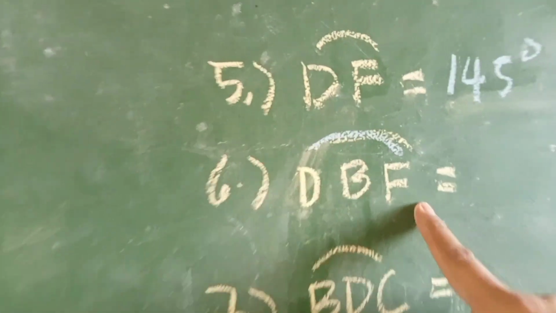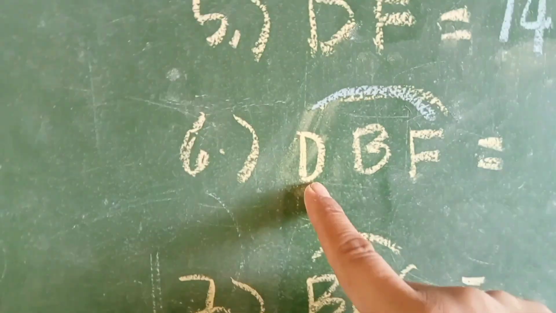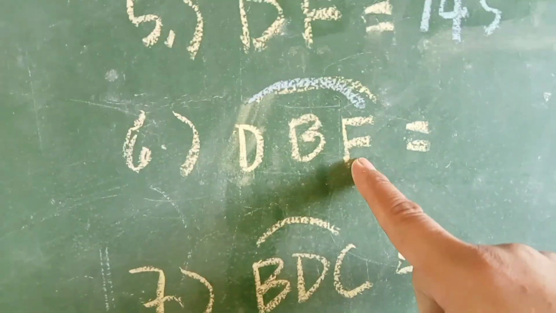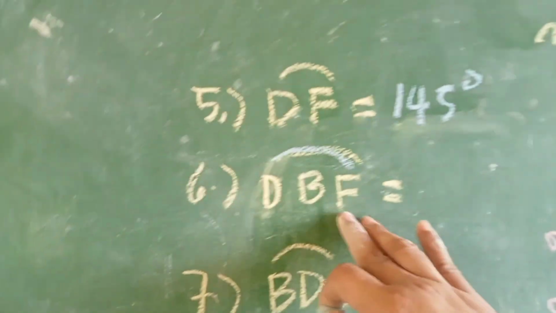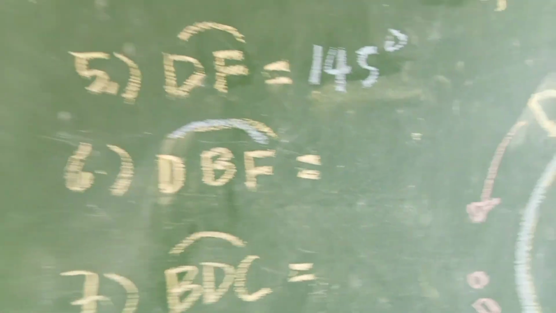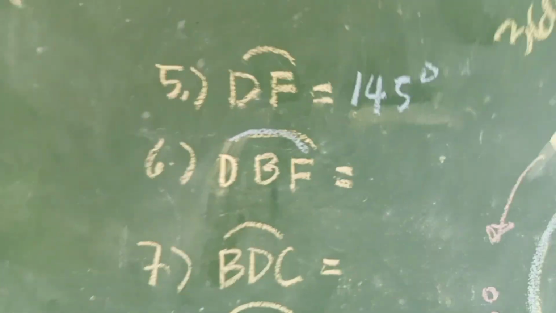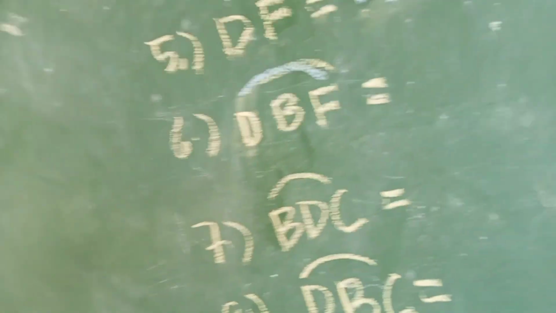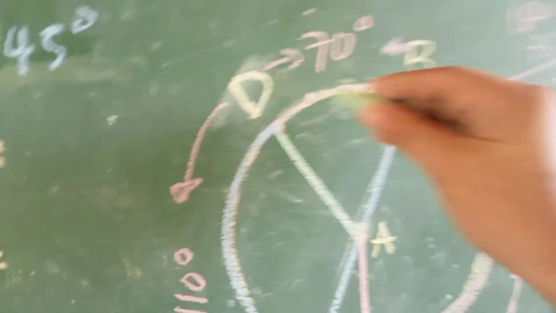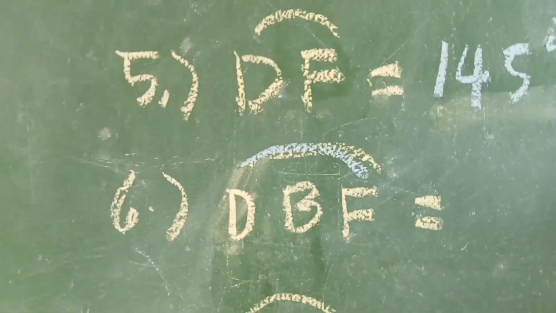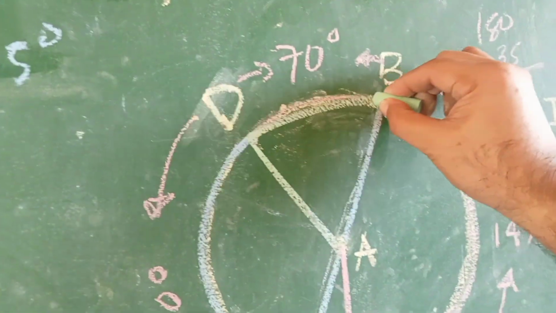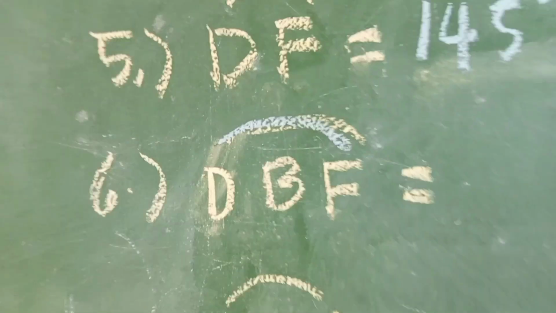To interpret, that means you start at point D, passing through point B, and end up at point F. That's how you locate and get the exact required measurement. So let's start at point D and then pass through point B, which means from point D you move towards point B and end up at point F.